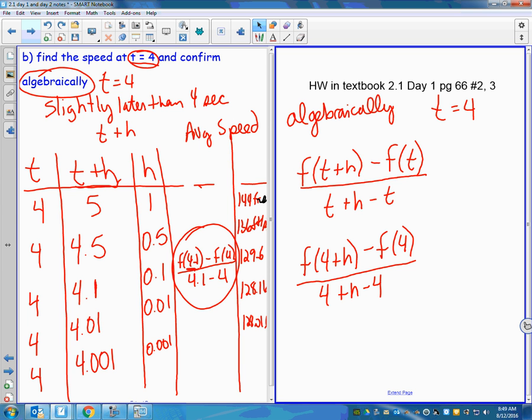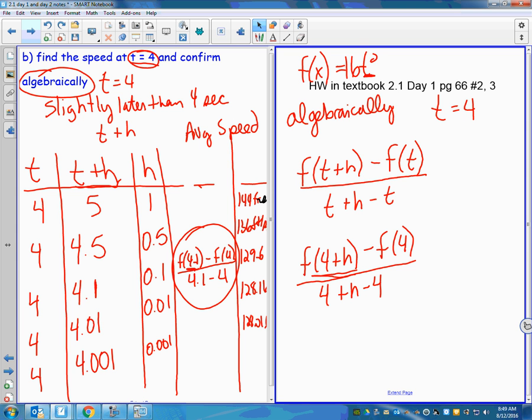So, first of all, we can do some algebra. This kind of seems scary at first, but it's not so bad. We know that f is 16t squared, because remember that was the original problem. Can I do f of 4 plus h?